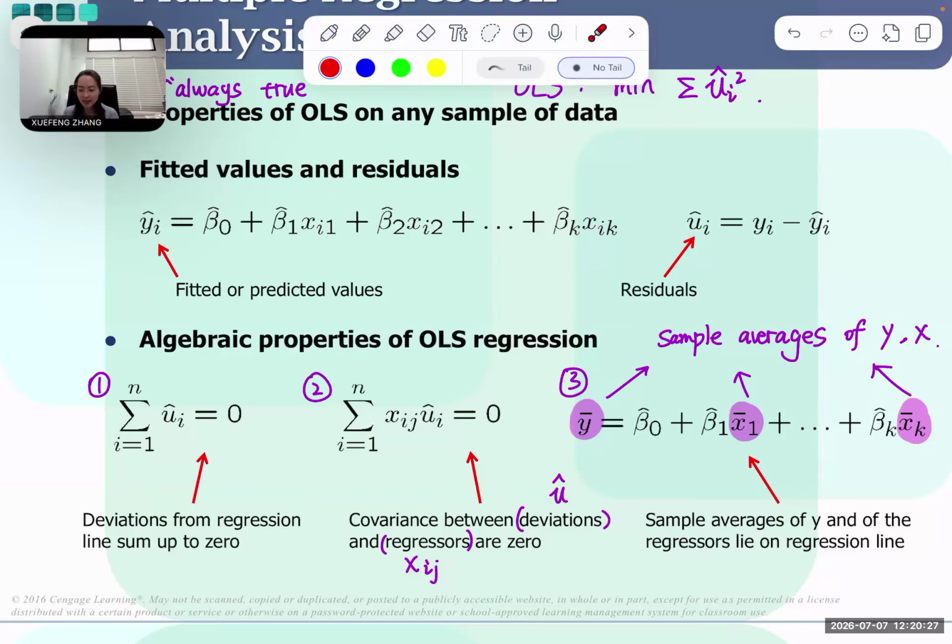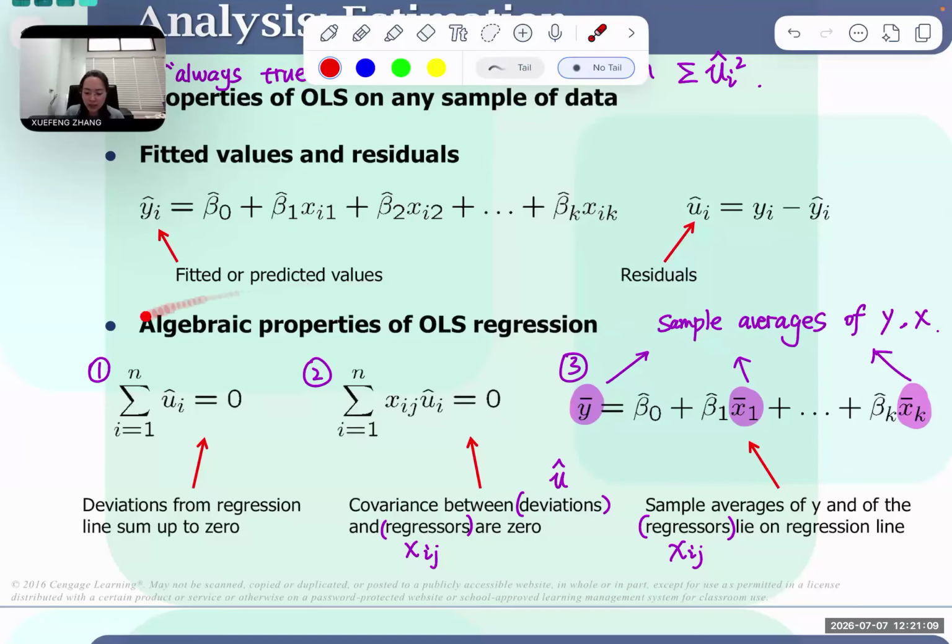What does it mean? The sample averages of y and of the regressors lie on the regression line. We can say the regression line always passes through the point of sample averages. If you plug in the average of every x, you get exactly the average of y.